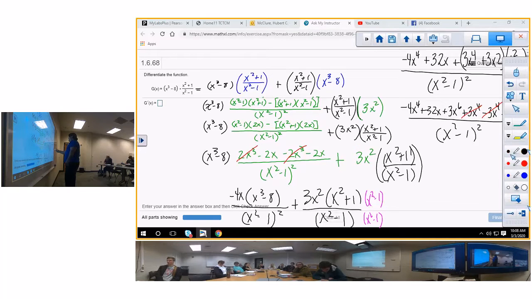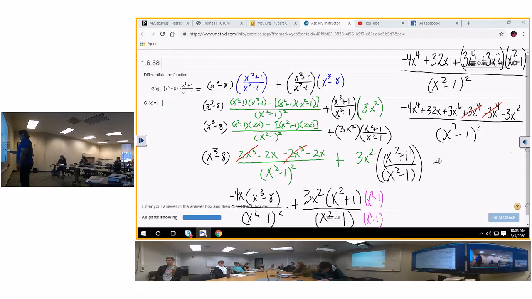So that's going to give me negative 4x to the fourth plus 3x to the sixth minus 3x squared plus 32x over x squared minus 1 to the second power. I'm going to leave it right there.